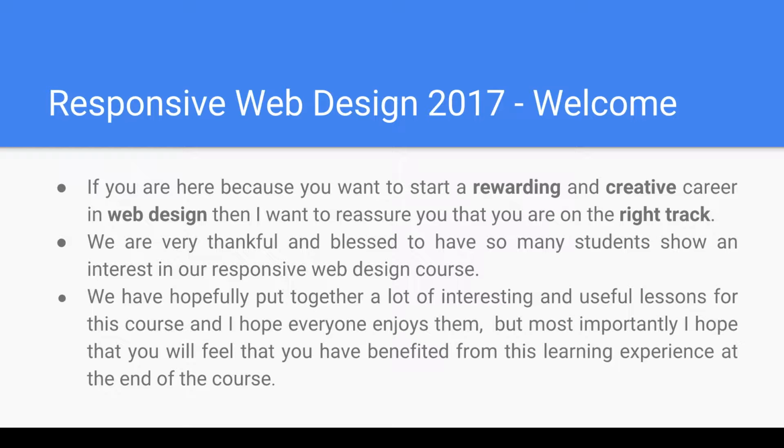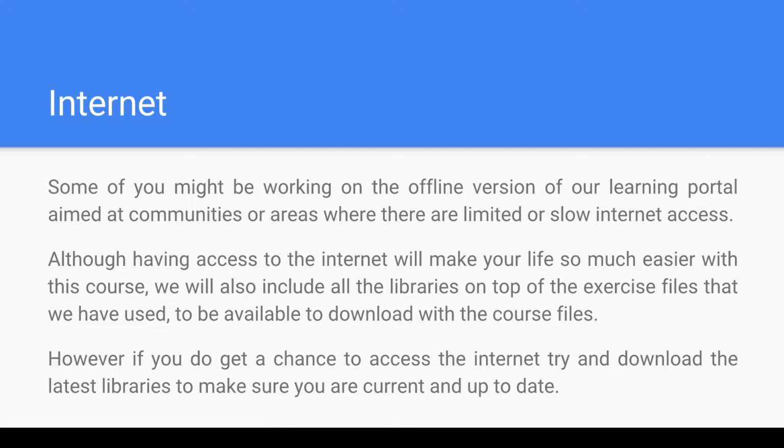This slide is aimed at the learners that might not have access to the internet. Some of you might be working on the offline version of our learning portal aimed at communities or areas where there are limited or no internet access.